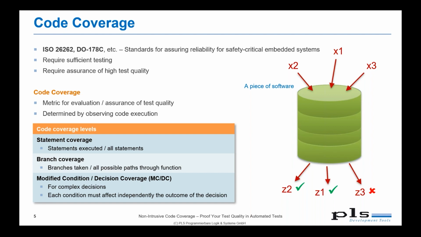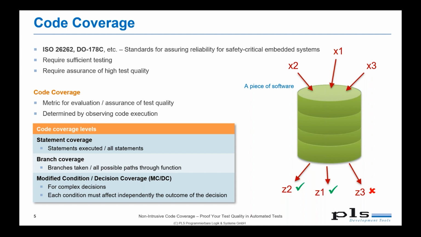And then we have the MCDC, the modified condition decision coverage. That is looking at the decisions. A decision means, for example, the condition given in an if statement in your code.